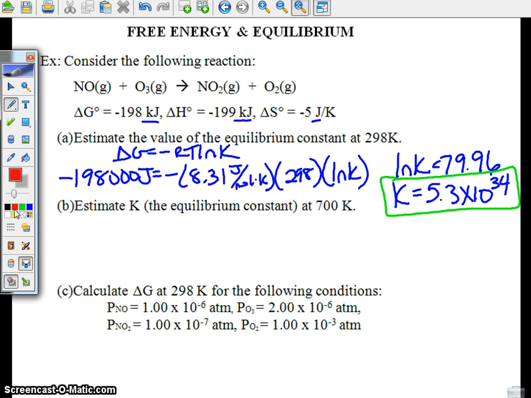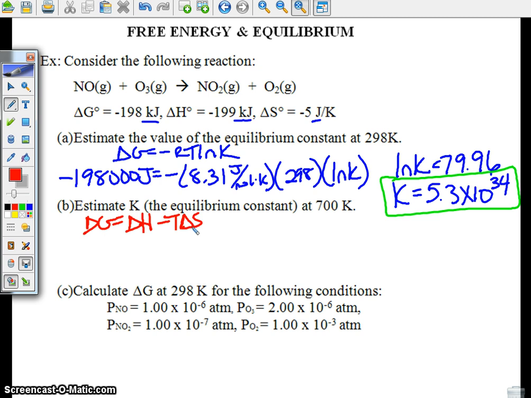So first we are going to find delta G, an approximation at 700, by doing delta G equals delta H minus T delta S at 700 Kelvin to estimate delta G.